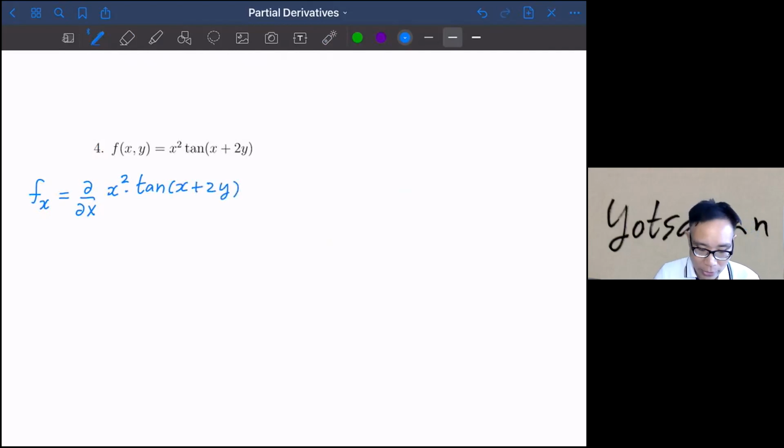You see that you are differentiating with respect to x, and you have x for the first function and x for the second function, and this one turned out to be a product between two functions in terms of x. So you need to use the product rule.